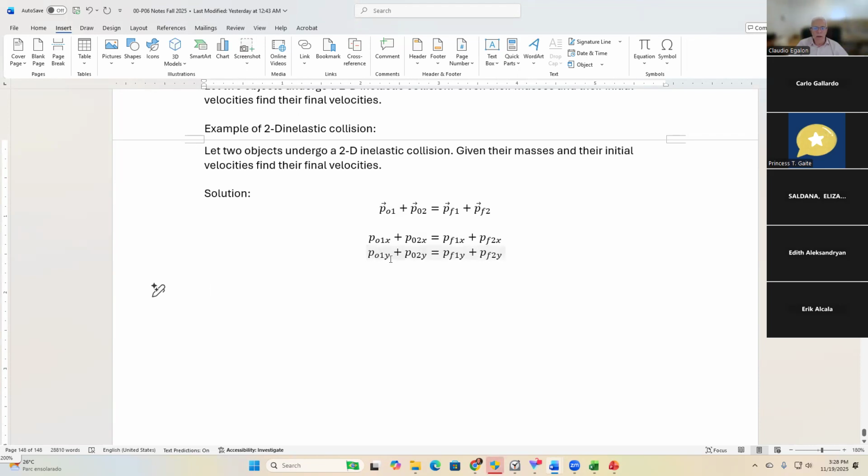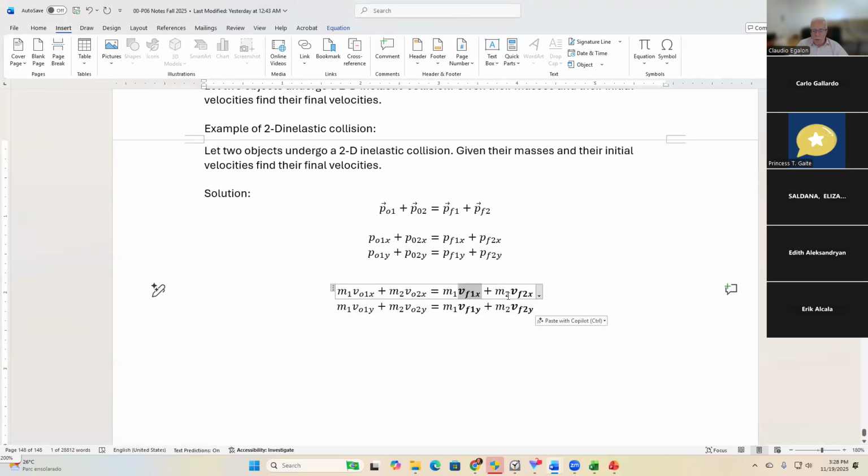And then we have the y components. So we can break it down: M1V01x, M2V02x, and so on. Those are the unknowns.